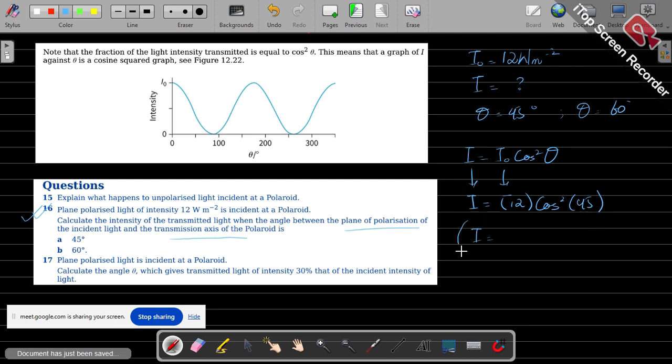The final intensity का unit वही होना चाहिए जो आपने इस incident intensity का unit place किया, that is watt per meter square. And now one thing, while putting this cos square 45 in your calculator, do not square 45 and then you take cos of it. Always write cos 45 and then you take its square. Put these values in your calculator and let me know what is the final answer. And मुझे पता है intensity should be less than 12 in this case because 12 तो तब transmit होती जब angle 0 होता.